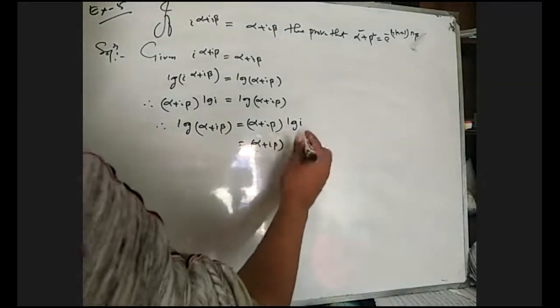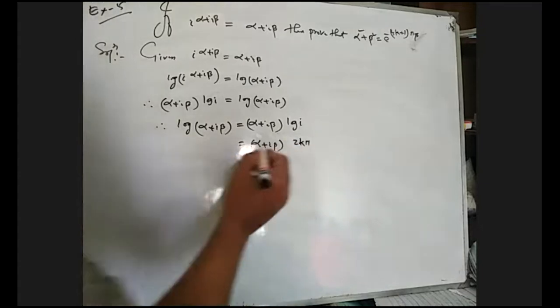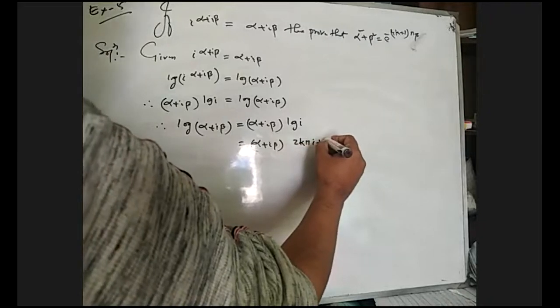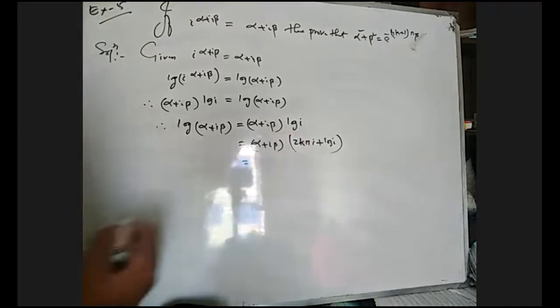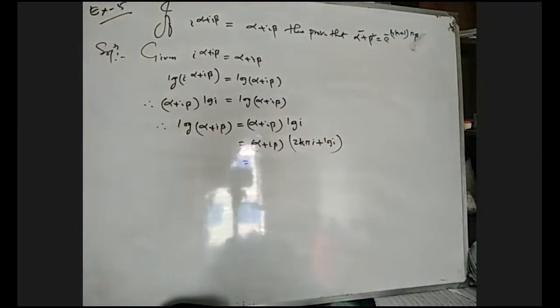Twice k pi i plus log i. This is the logarithm using the properties of logarithm of a complex number. What is the logarithm of a complex number? In previous lectures we have shown you.